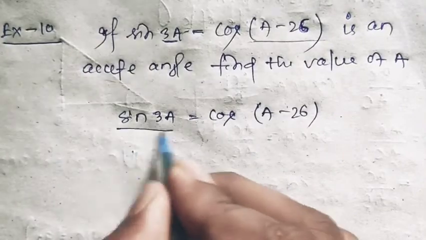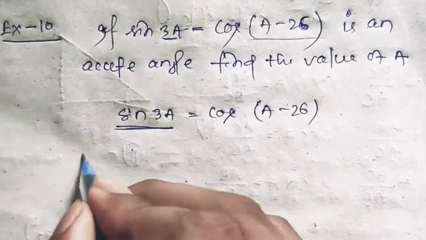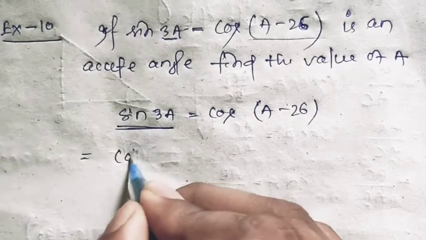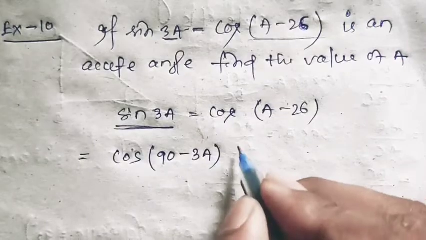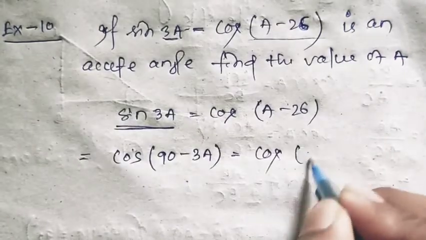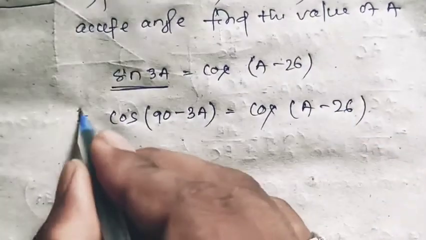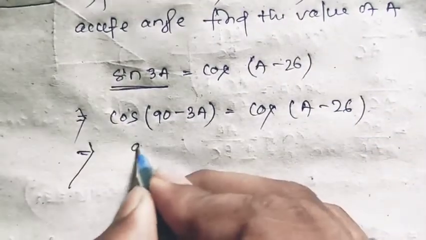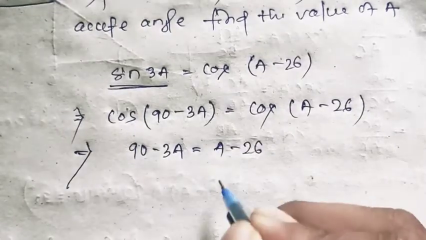So I can write sin theta as cos(90 minus theta). So here sin 3A I can write as cos(90 minus 3A), which is equal to cos(A minus 26). So here cos will be cancelled. This implies 90 minus 3A is equal to A minus 26.